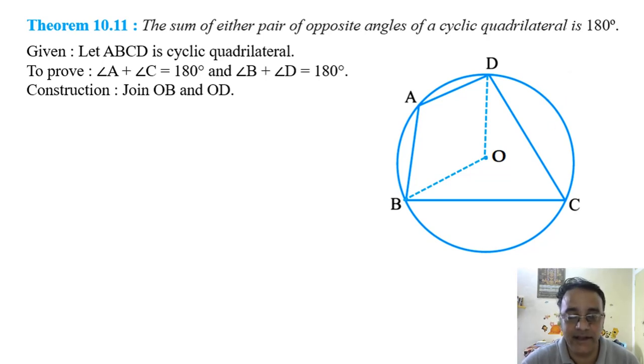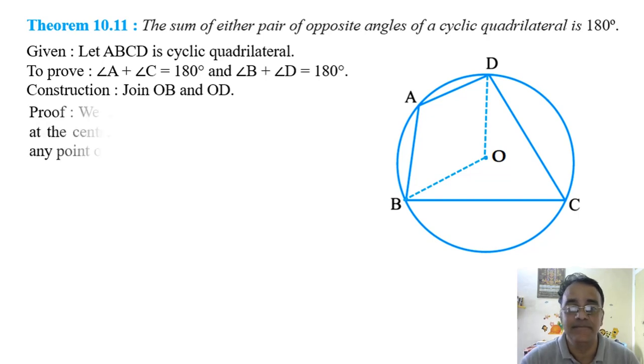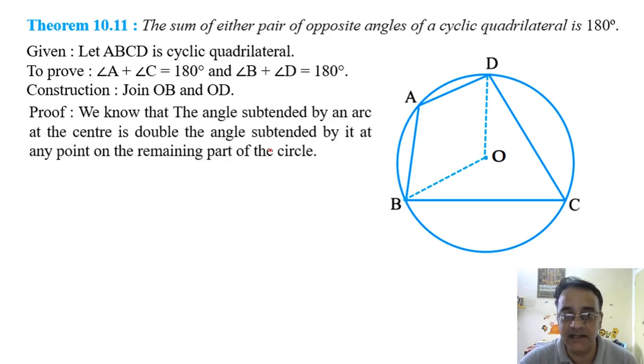Yes, sir. Next, now see, we know that the angle subtended by an arc at the center is double the angle subtended by it at any point on the remaining part of the circle. So ध्यान से देखो, अगर हम लोग ये वाला एंगल लेते हैं, so this angle is double of this angle.